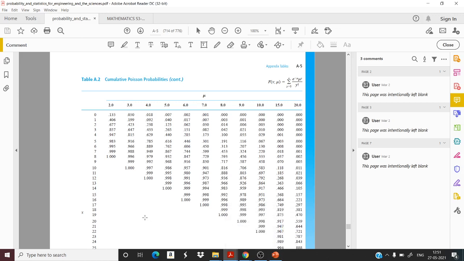Mu is 2, so this is the mu value 2, and these are the x values, right? So 1, 2, 0.406. Sorry, x is 3, right? x is 3. P(X ≤ 3), where mu is 2.